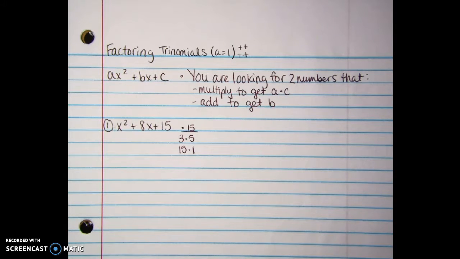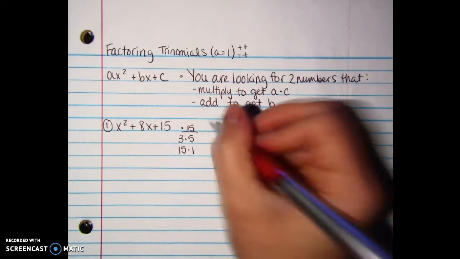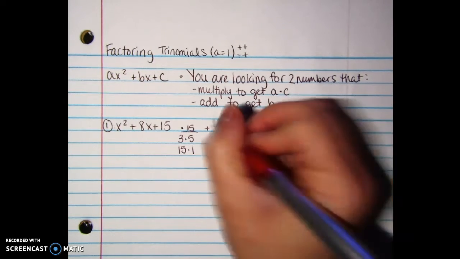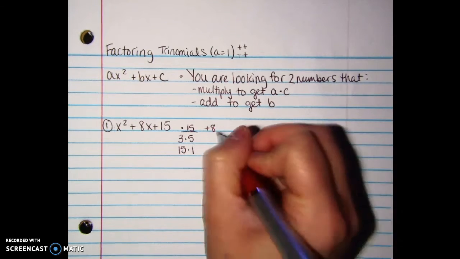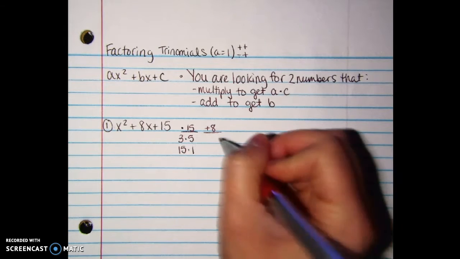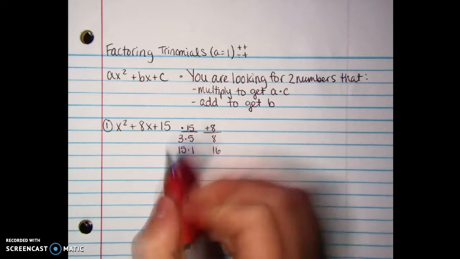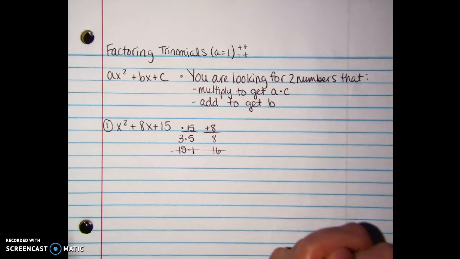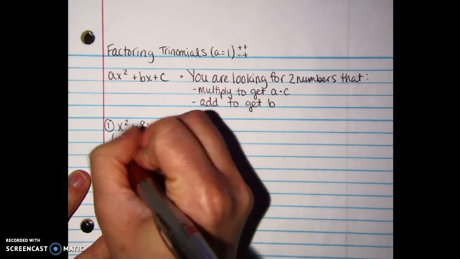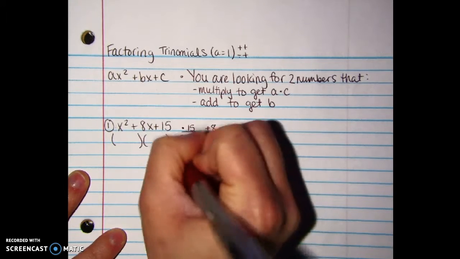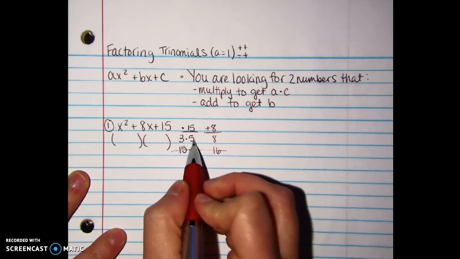So those are the only factors of it. Now from those numbers, I'm looking to find which ones add to get 8. So 3 plus 5 is 8. 15 plus 1 is 16. So I know it's not this one. So now, for my answer, inside parentheses, it would be x plus 3, x plus 5.